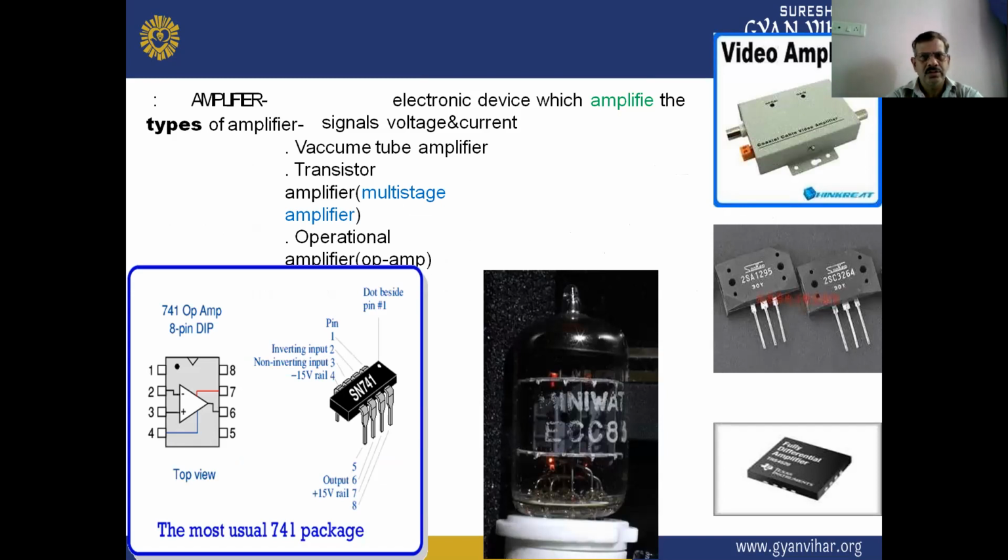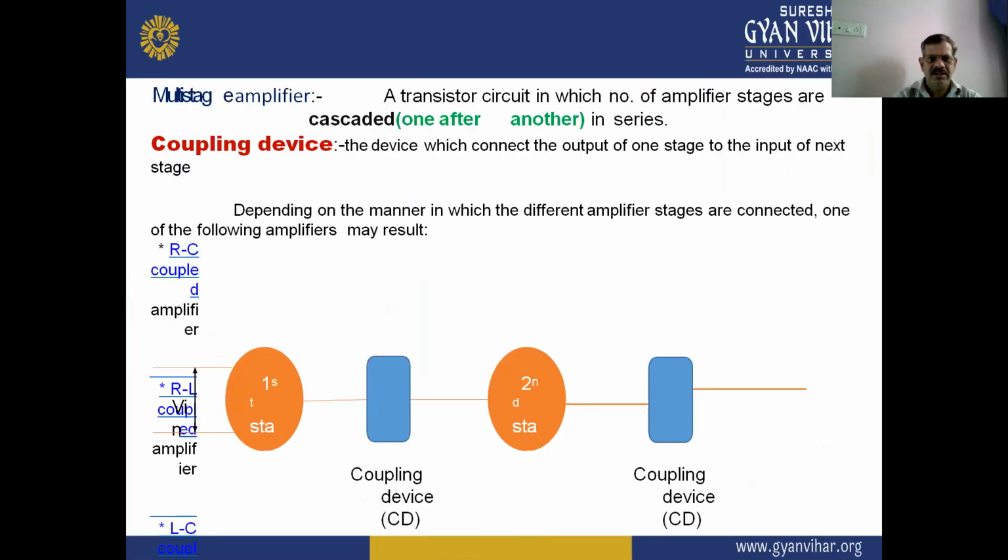So there are different amplifiers, and they have different types: signal, voltage and current amplifiers, vacuum tube amplifier and multi-stage amplifier, and we also have operational amplifiers.